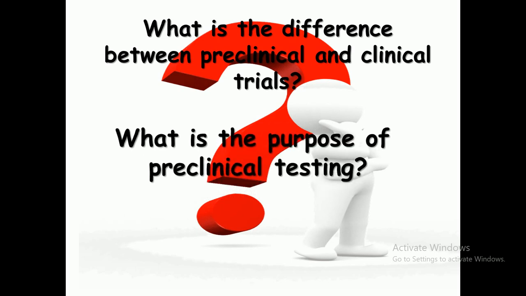Then what is the purpose of preclinical testing? The main goal of preclinical studies is to determine a starting or safe dose for a first-in-human study and assess potential toxicity of the product.